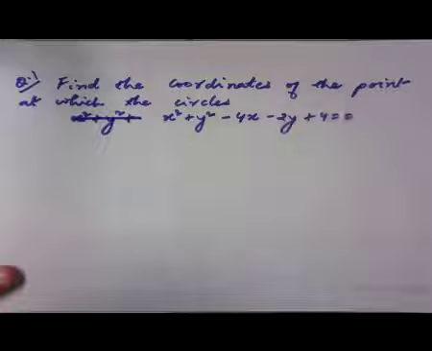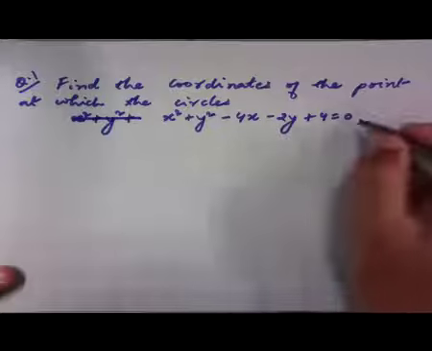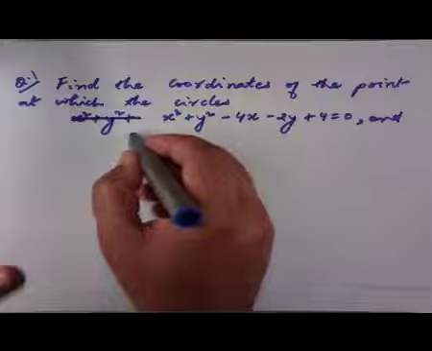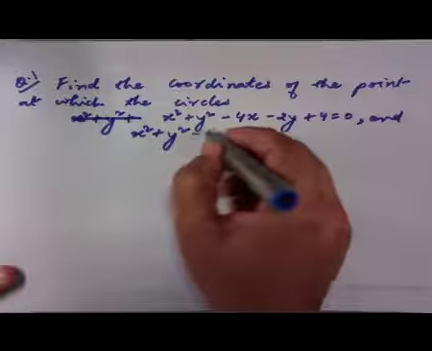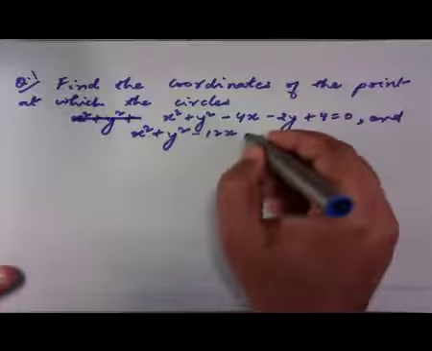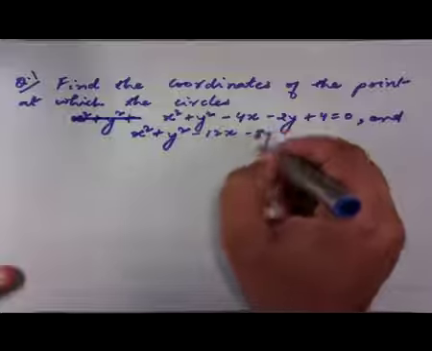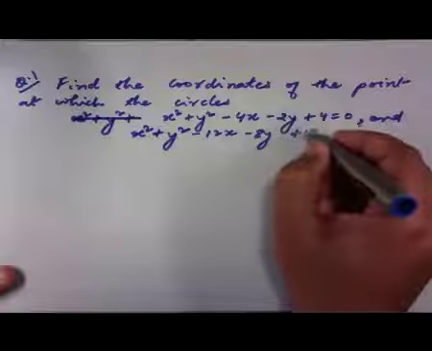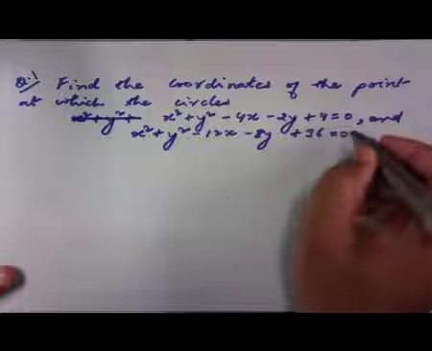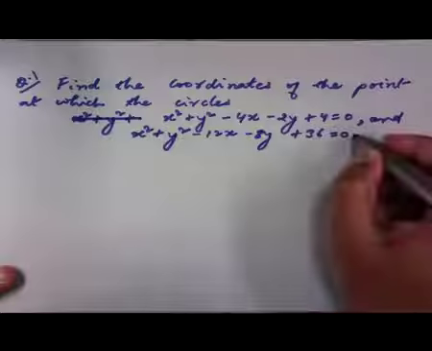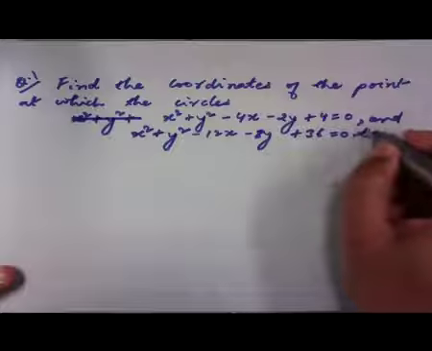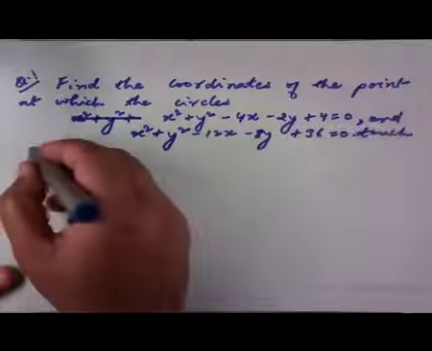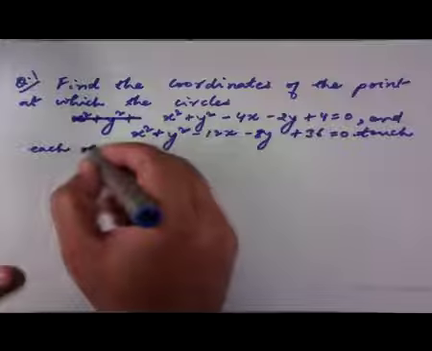The other circle has equation x square plus y square minus 12x minus 8y plus 36 equals 0. We are asked to find the coordinates of the point at which these two circles touch each other.